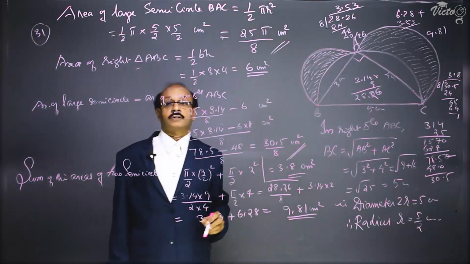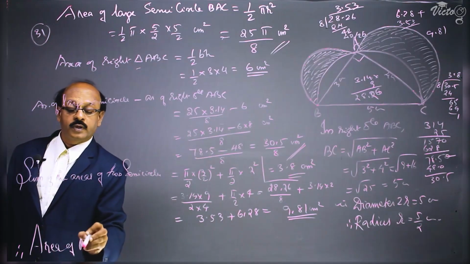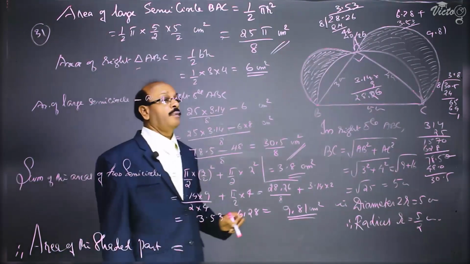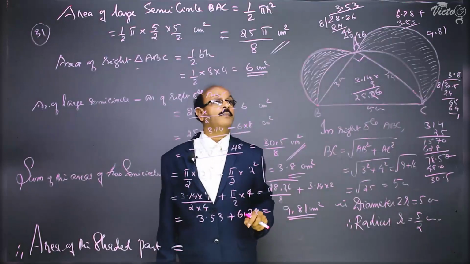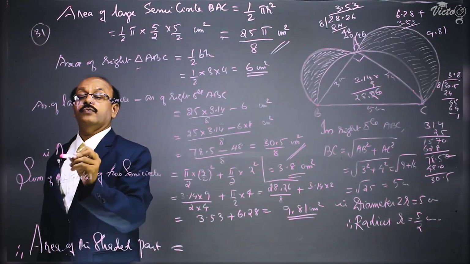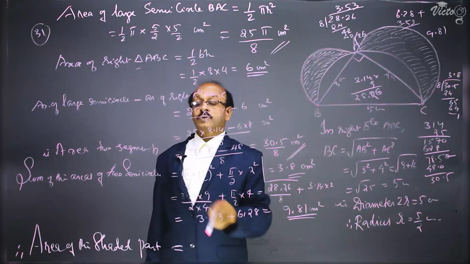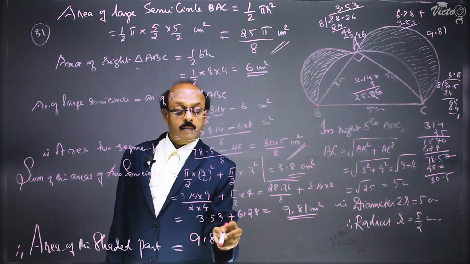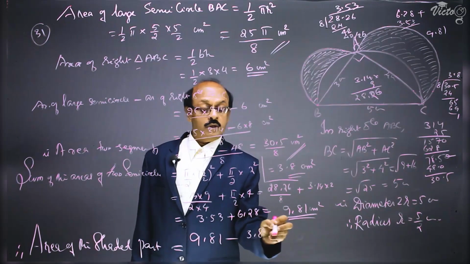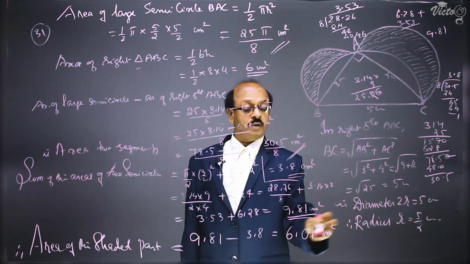Therefore, the area of the shaded part is equal to the sum of the areas of the two semicircles minus the area of the two segments, which is 9.81 minus 3.8, which is equal to 6.01 centimeter square.